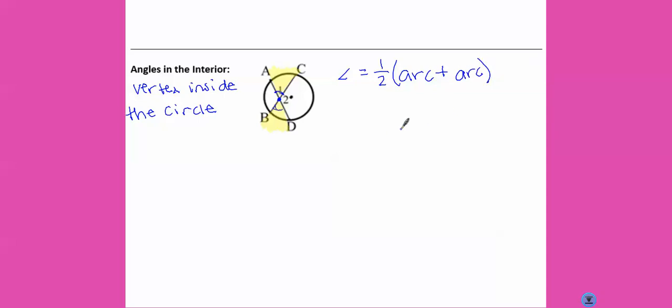So in this example, the measure of angle 1 would equal half the measure of arc AC plus the measure of arc BD.